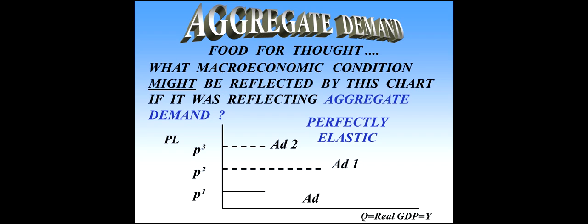Take a look at the aggregate demand curve at the price level 1. I've significantly shortened it up. What macroeconomic condition might you think be reflected here by this? I'll suggest to you that it's a depression. And we'll take a deeper look at this as we move forward here. So just keep that tucked away in the back of your mind.